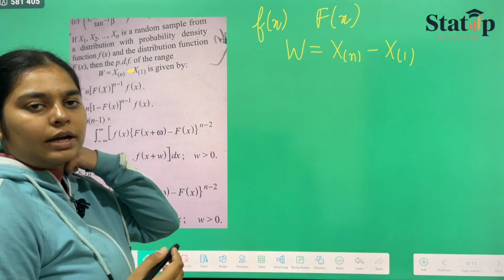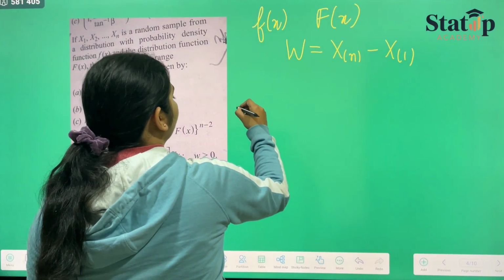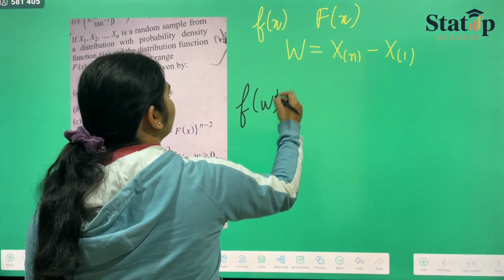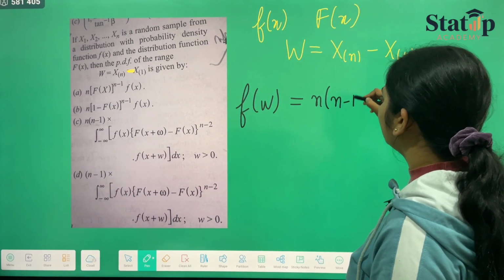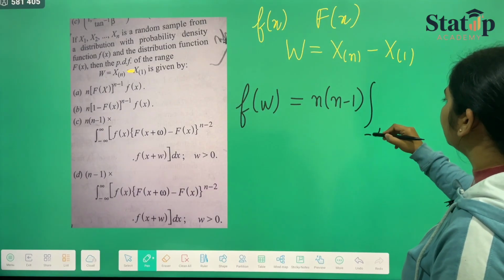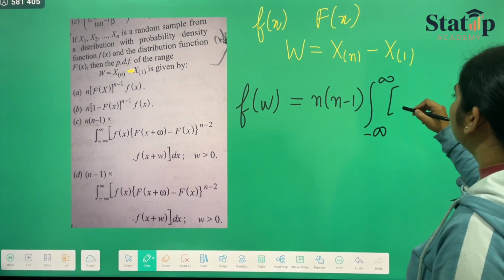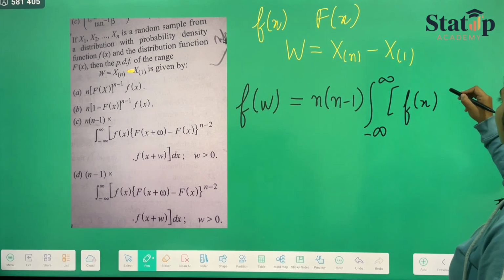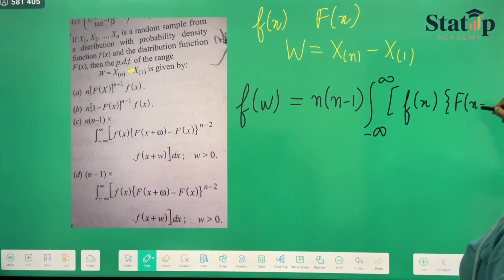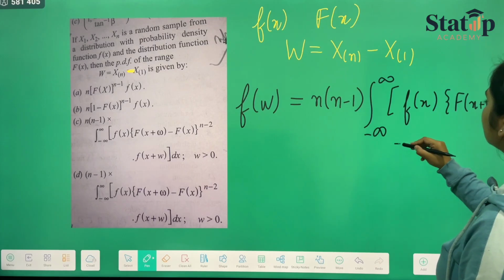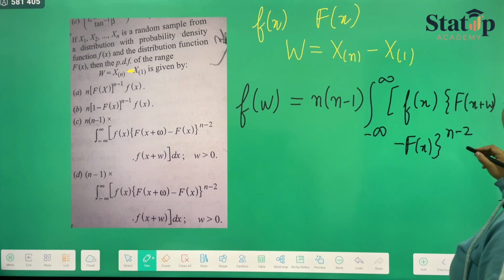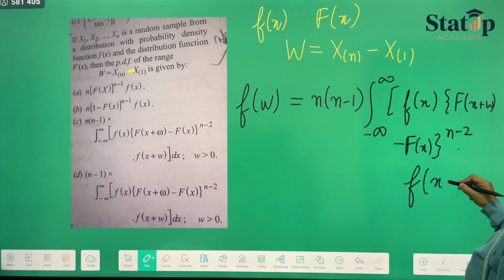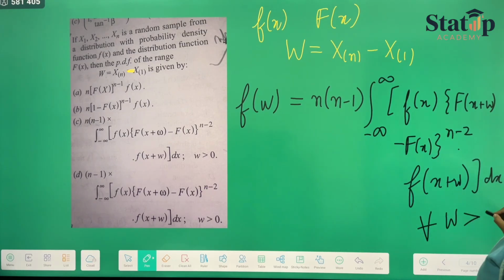The formula for the order statistics range is this: if W denotes the range, then the pdf of W is n(n minus 1) times the integral from minus infinity to infinity of f(x) into [F(x plus w) minus F(x)] raised to the power n minus 2 into f(x plus w) dx, for all w greater than 0.